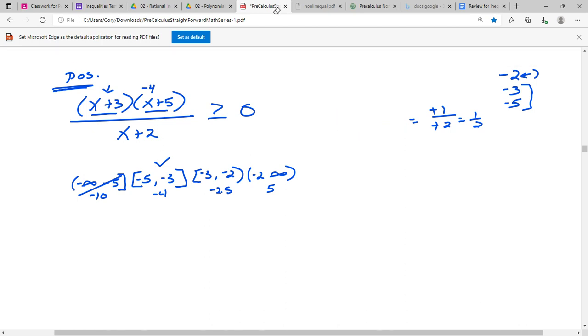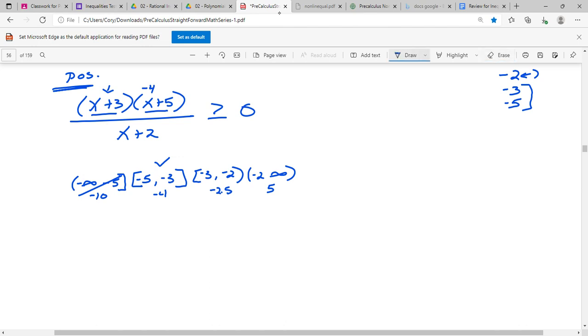Okay, the next one is negative 2.5. Alright, so if I got negative 2.5 plus 3, that would be 0.5 positive.